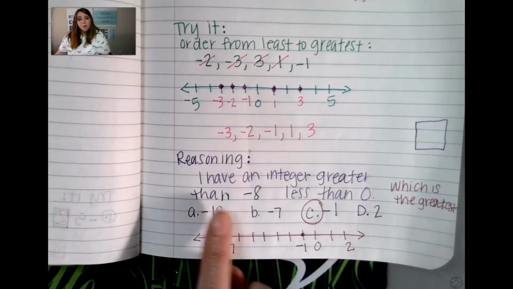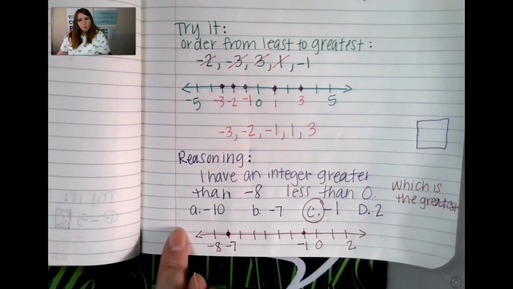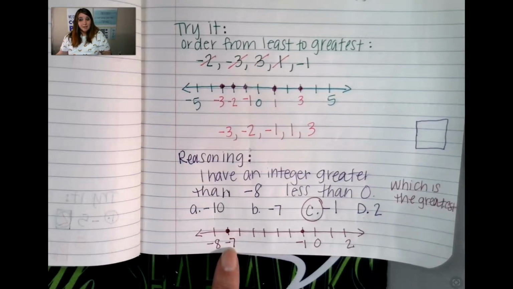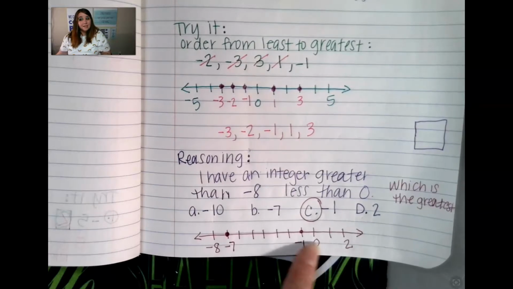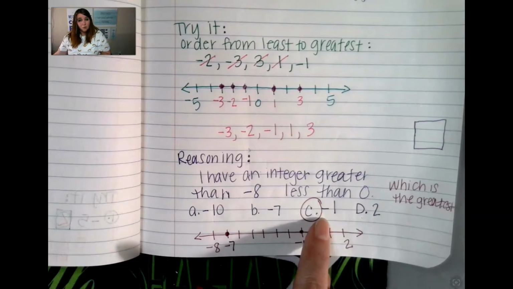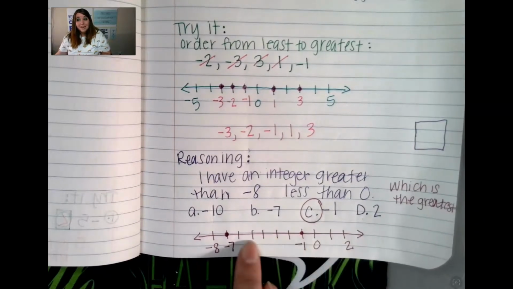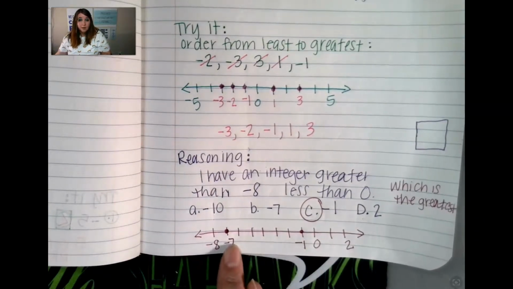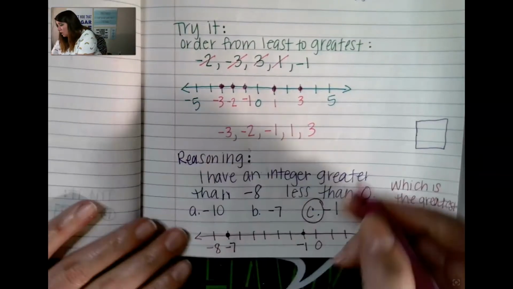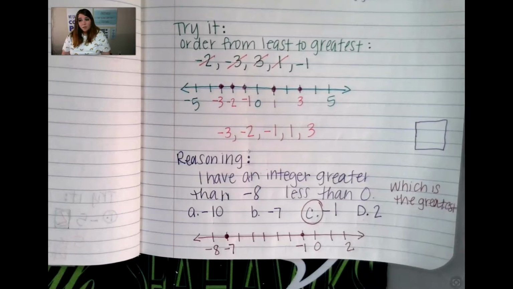So on these reasoning problems, you really have to talk it out. -7 is greater than -8, and it is less than 0. However, it's not bigger than the other option, which is -1. It's less than because it's further away. So -1 is the greatest integer that we can use.